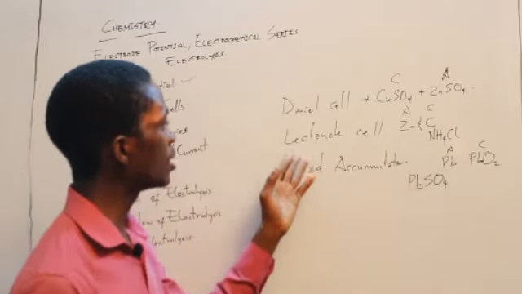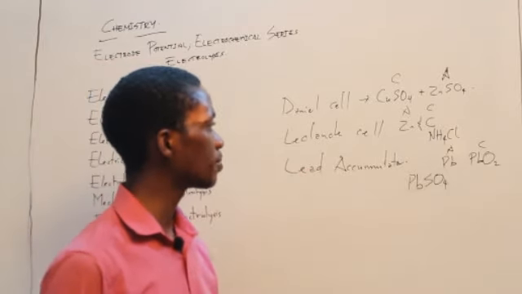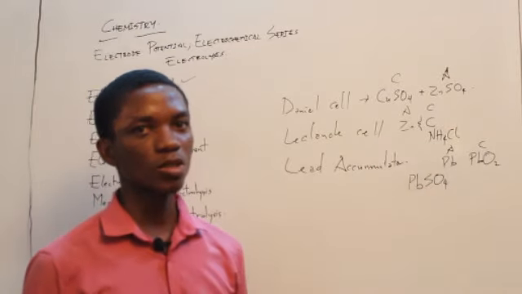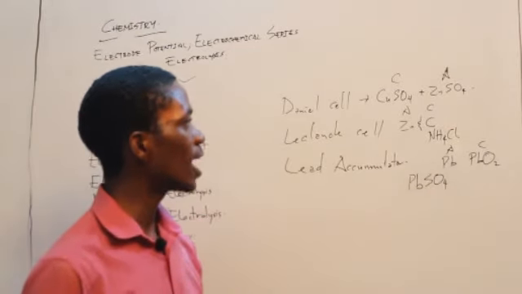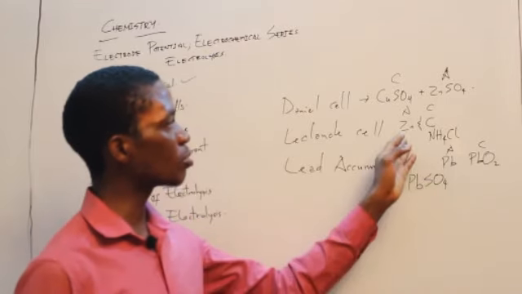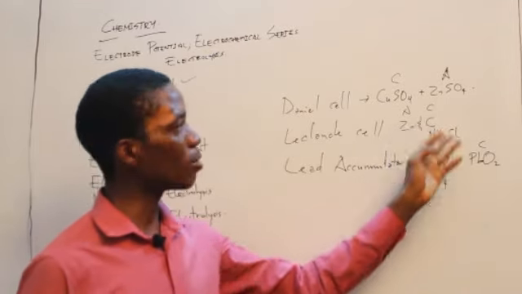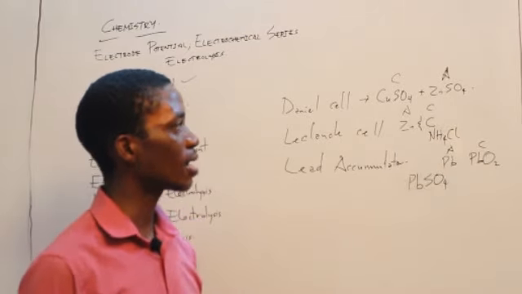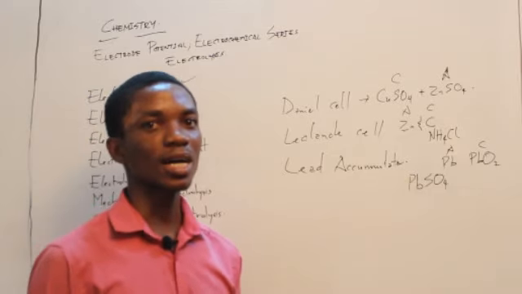Also, when we consider the Leclanché cell, we have the zinc tetraoxosulphate(VI), and we have the ammonium chloride. We have a zinc rod being used and a carbon rod being used as well. The zinc rod serves as the anode, and the carbon serves as the cathode.